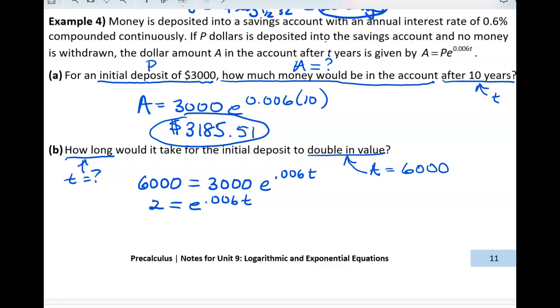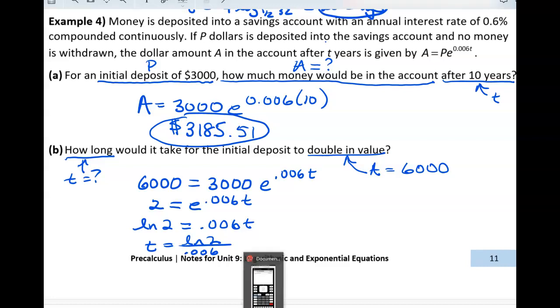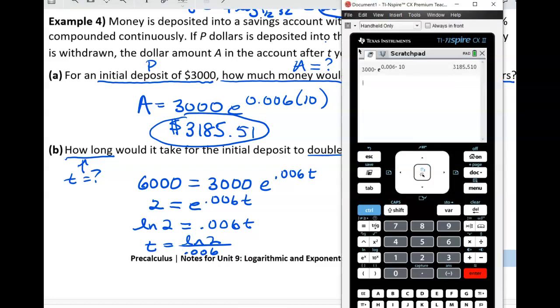Since this is a base E exponential expression, when we solve for the exponent, we're going to put it in a natural log format. So natural log of 2 is equal to the exponent 0.006 times T. And we can solve for T by dividing the natural log of 2 by 0.006. Now all that's left is for us to put this in the calculator.